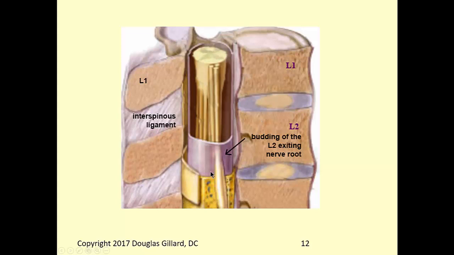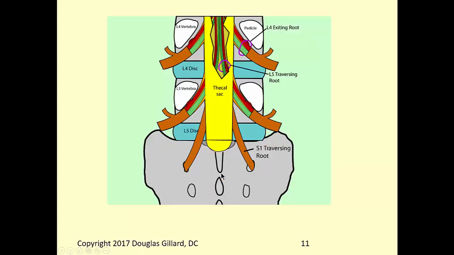Here's just another budding. The budding has occurred behind the L2 vertebral body, see it budding right out here? Now it's the exiting nerve root. Now, I should back up, because some sources don't call it that.